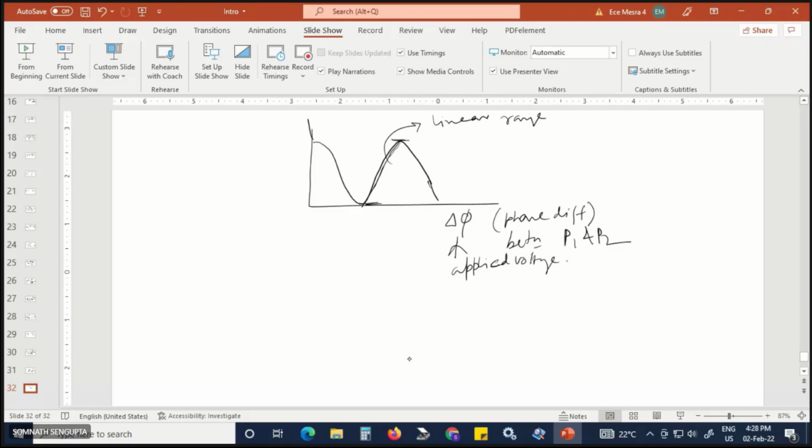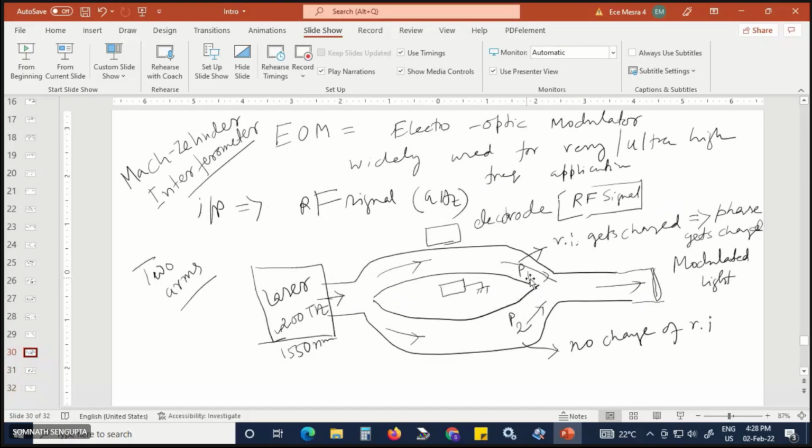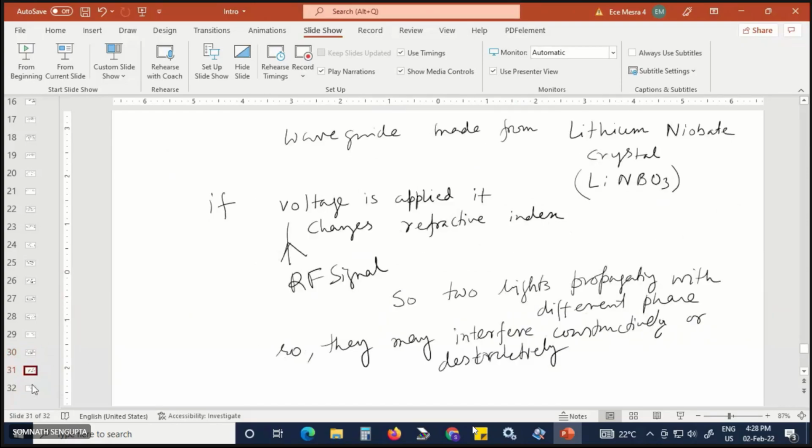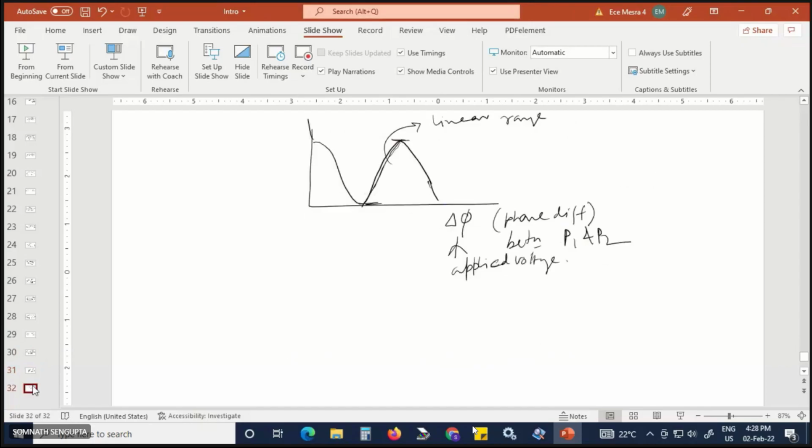Now here you have to draw this waveguide in our software, and simulate various parameters. There is also an application in sensing for the Mach-Zehnder interferometer.